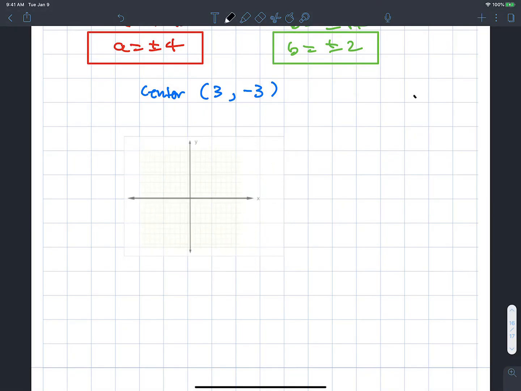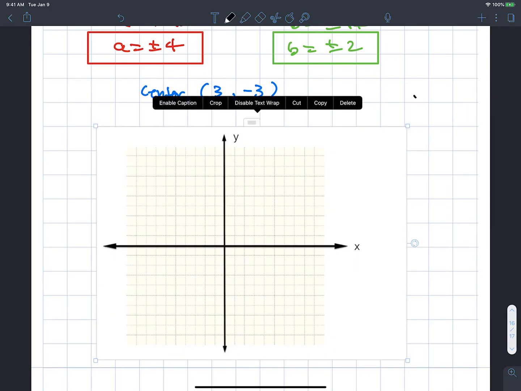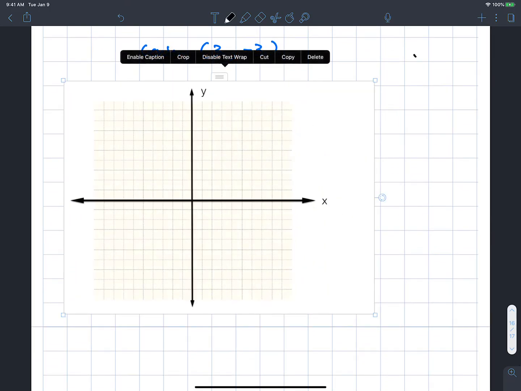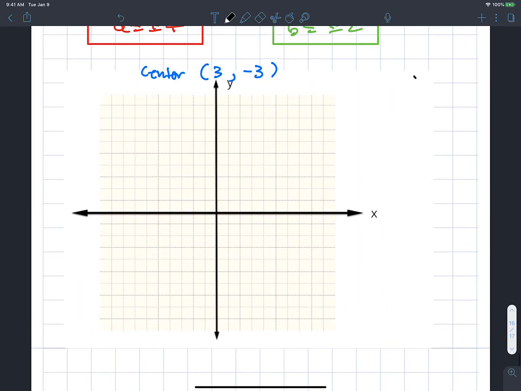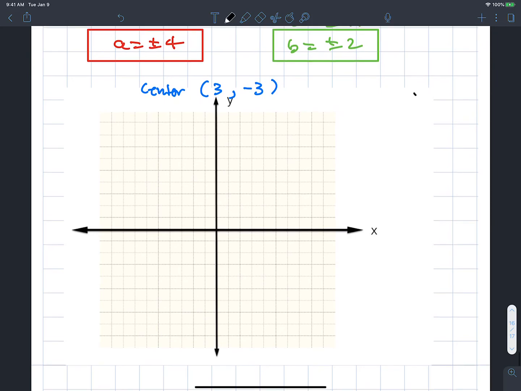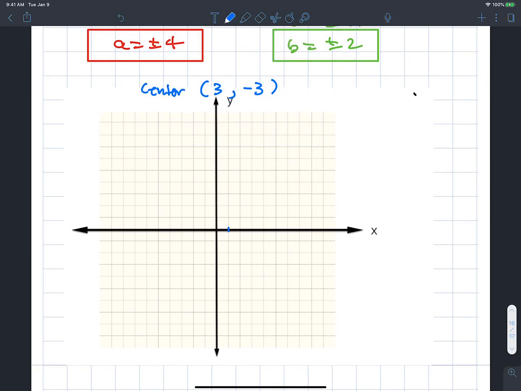There we go. All right, so we're going to bring this graph in. We need to plot the center. The center is going to be at (3, -3). So let's try to plot that. The new center: 1, 2, 3 to the right, and then 1, 2, 3 down. This is (3, -3), that's the new center.